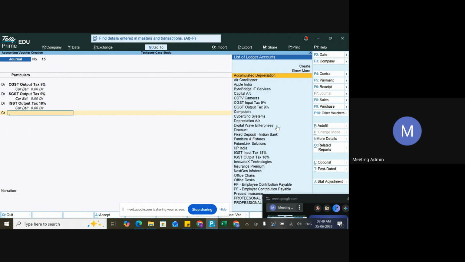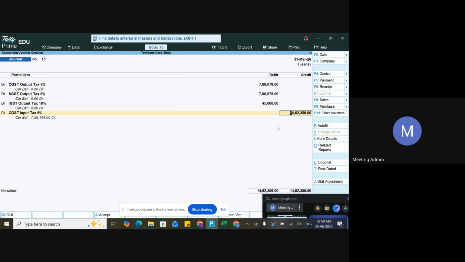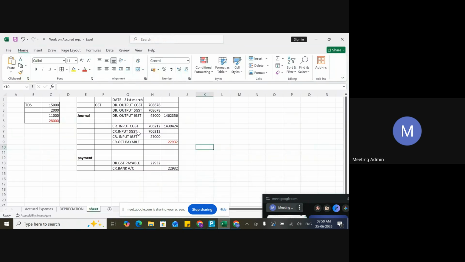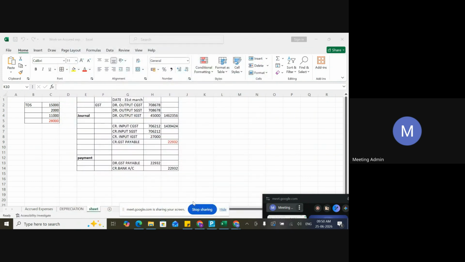In credit you have to add CGST input. You have to add the full amount here. It is 7,06,212.